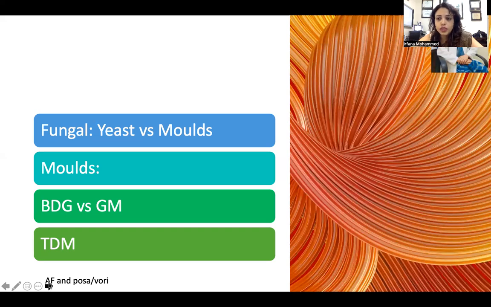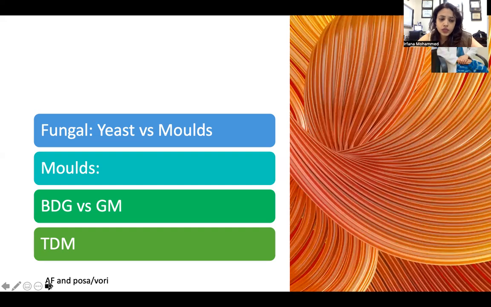So it is extremely important in voriconazole to have therapeutic drug level monitoring, which needs to be done on the fifth to seventh day after starting voriconazole, and it should be done 1 hour before giving the next dose, that is the voriconazole trough level, and the target should be maintained between 2 to 6. This is important because of the genetic polymorphisms and drug-drug interactions, because it is metabolized by the CYP, cytochrome P450 pathways.